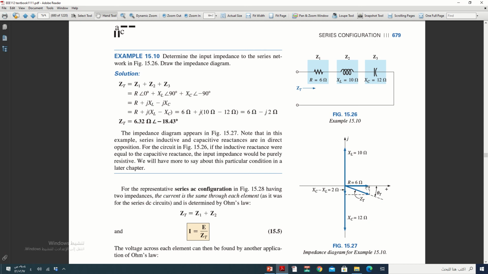If you draw 6 and then go 10 for XL, and then we need to come back 12 for XC, 10 here and 2 remaining. It will be 2 on the imaginary axis and 6 on the real axis. Okay, 6 squared plus 2 squared under the root, you will get 6.32. The angle is minus 18.